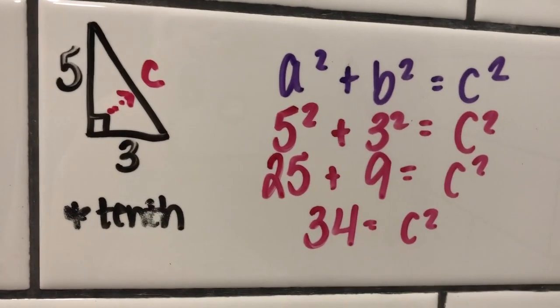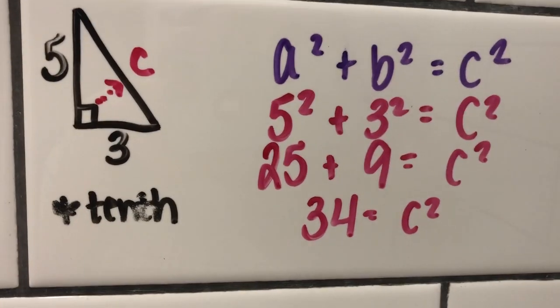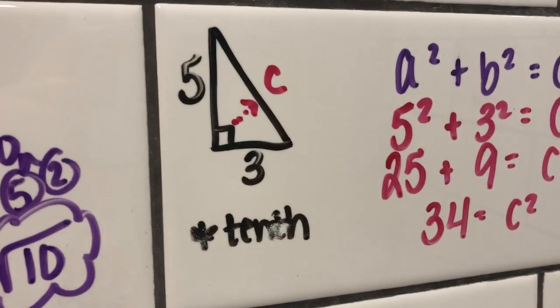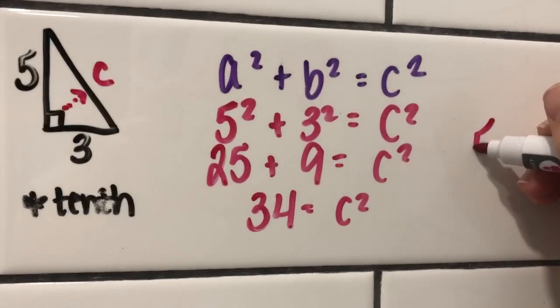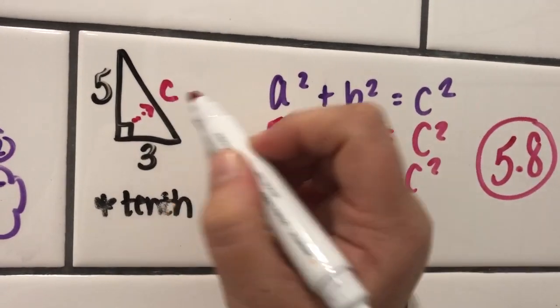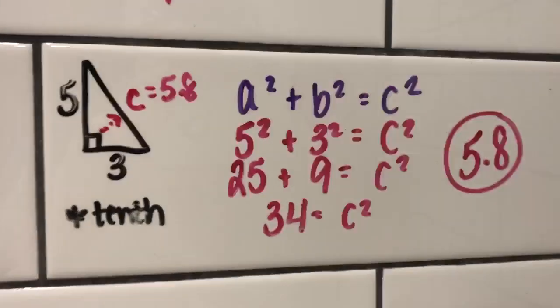I know you all have calculators at home. Even if I told you to estimate it not using a calculator, you probably would anyway. So if you plug the square root of 34 into your calculator, you end up with 5.8 when rounded to the 10th place. So 5.8 would be your hypotenuse, and you would be done with that one.